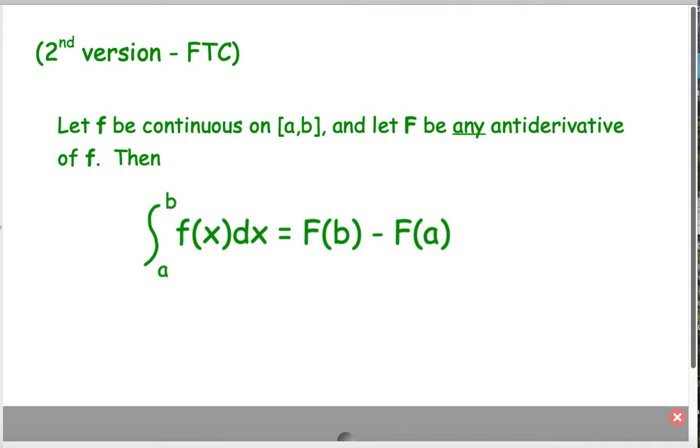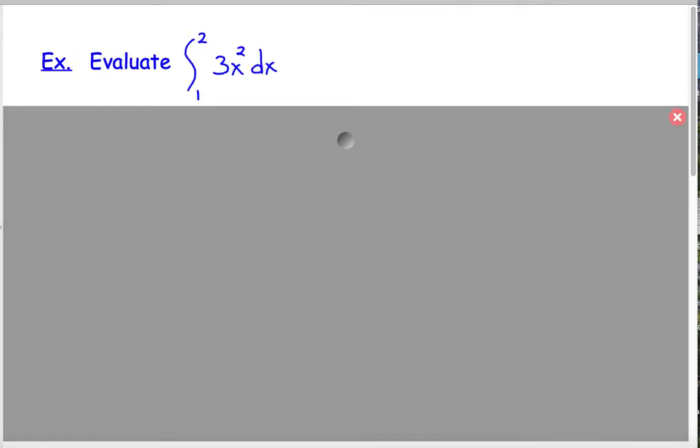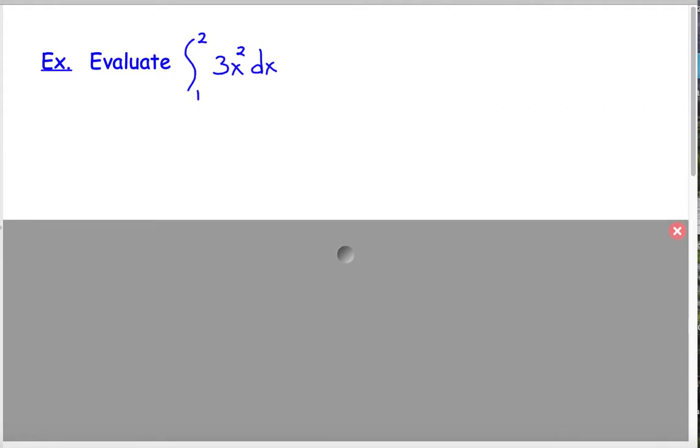So let's look at some examples and see how this works for us. Let's evaluate the integral from 1 to 2 of 3x squared dx. First we need an antiderivative of 3x squared. Well, that's going to be x cubed. The way we'll write this is we'll write the antiderivative, put a vertical line, and put the limits of integration.